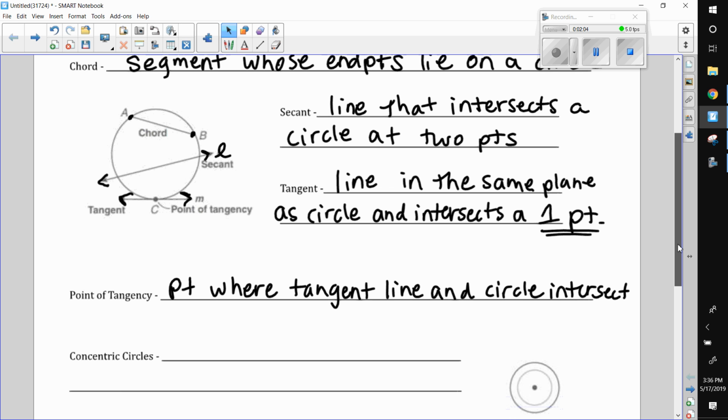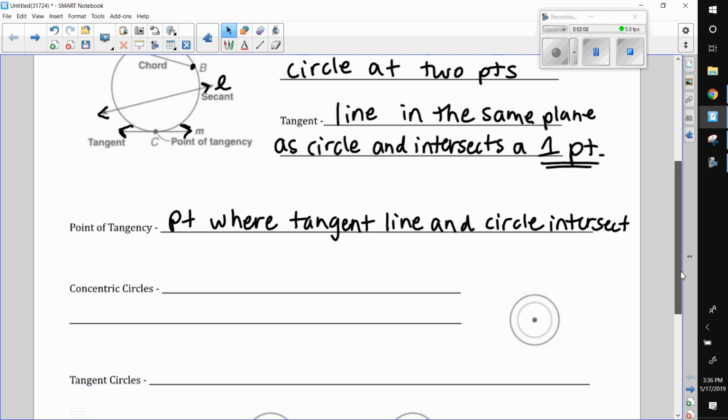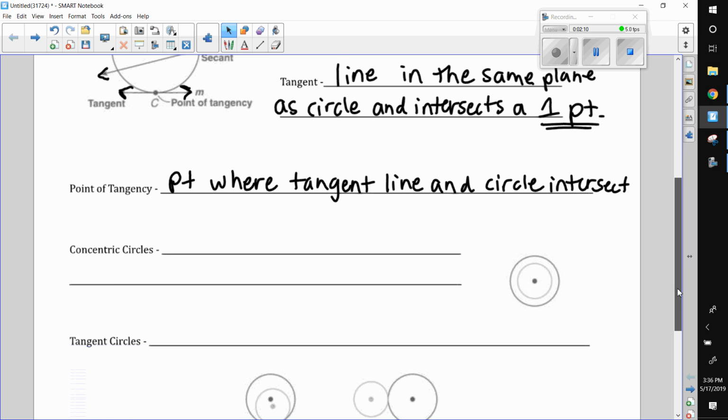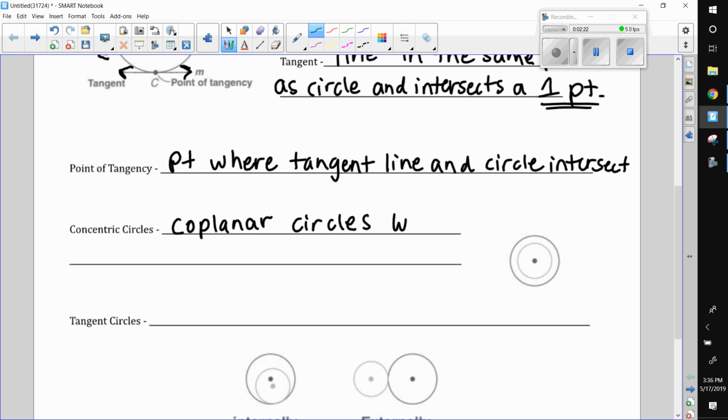There's some other things that we just like to know about circles, and that's these 2 types of circles, and this is multiple circles. So concentric circles are coplanar circles, which means they lie in the same plane with the same center. And you see these all the time.